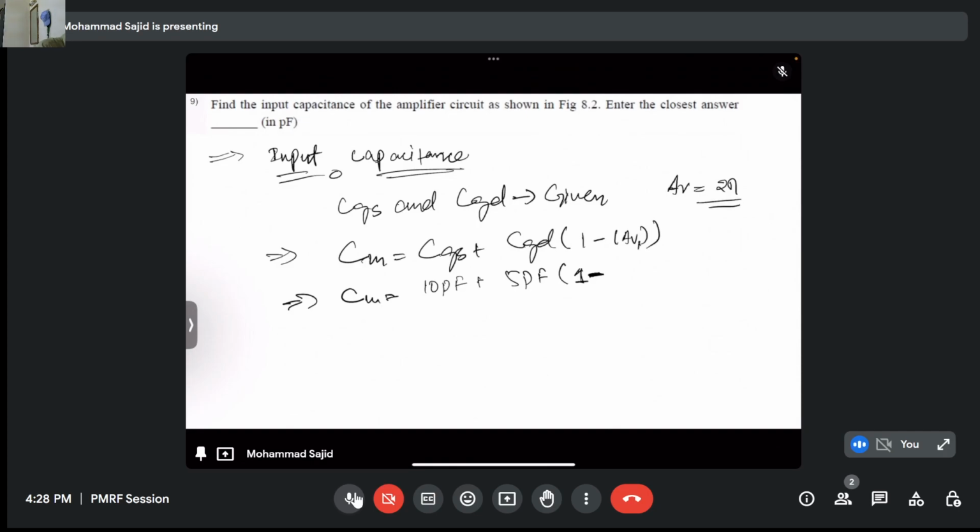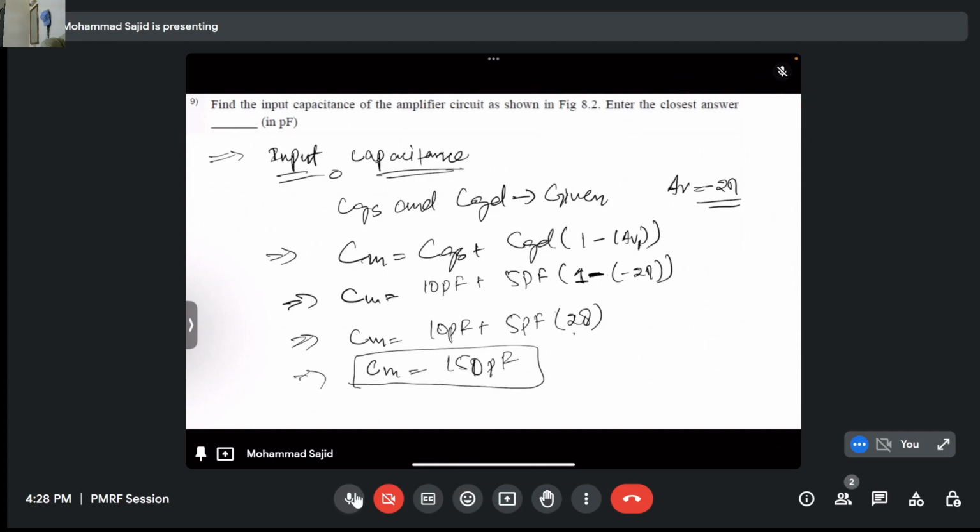This is AV1 minus 50, right? So 150 picofarad, right?